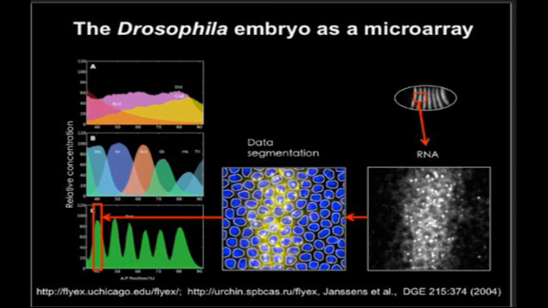Now what's happening with even skipped is that the 7 stripes of Eve expression are being generated through activation by bicoid and caudal and other factors such as dSTAT, and repression by these very broad gap domains.